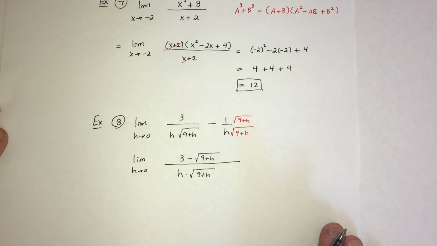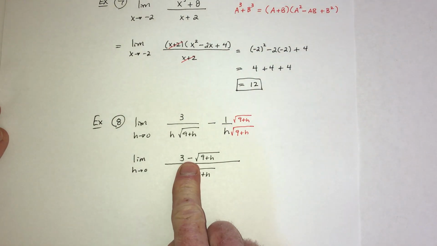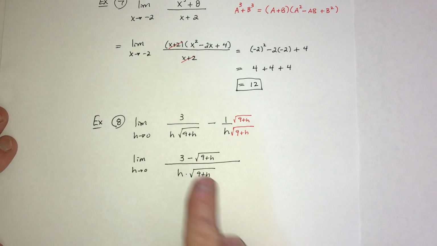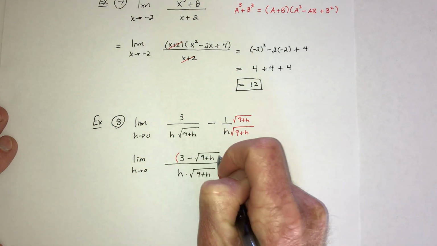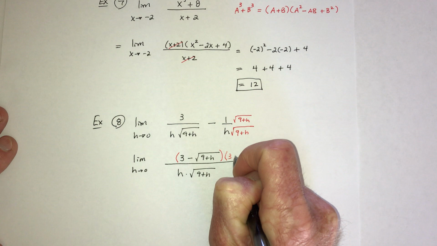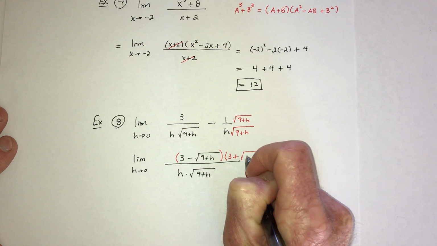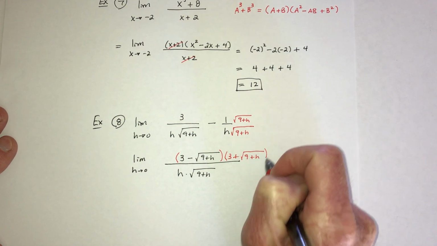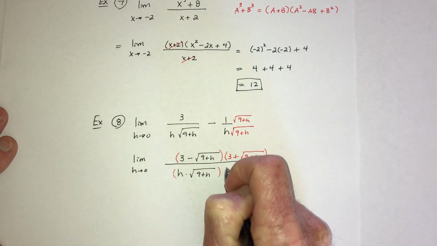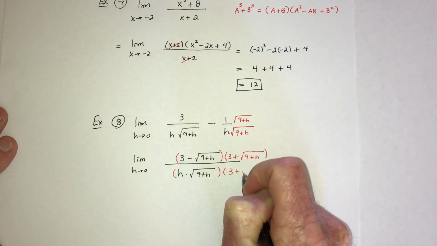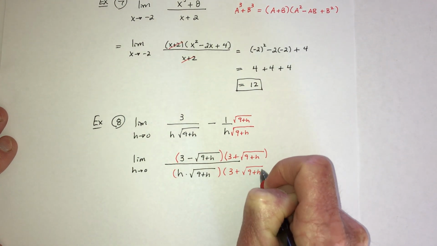Well, the next thing to do is, for this one, use the conjugate. So that's going to be 3 plus the square root of 9 plus h. So multiply the top by 3 plus the square root of 9 plus h, and multiply the bottom by 3 plus the square root of 9 plus h.